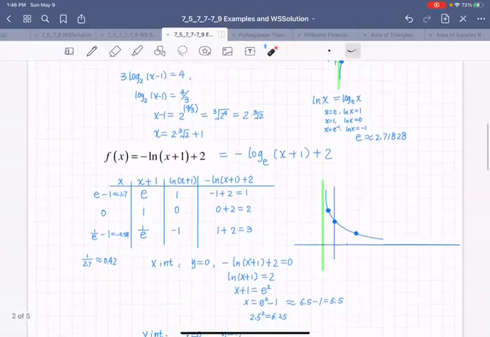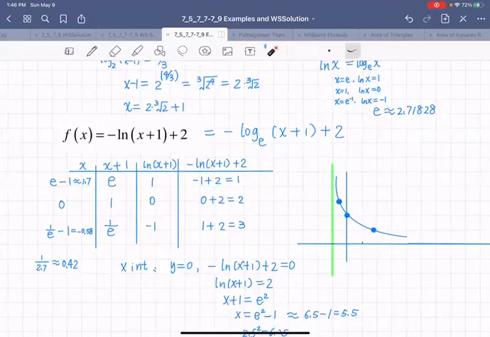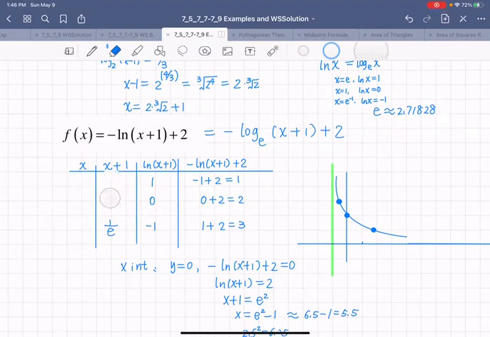Now, next graph. f(x) equals this. Yeah, you want to draw this one. So I will erase my stuff here. And students, you can go ahead and do it.